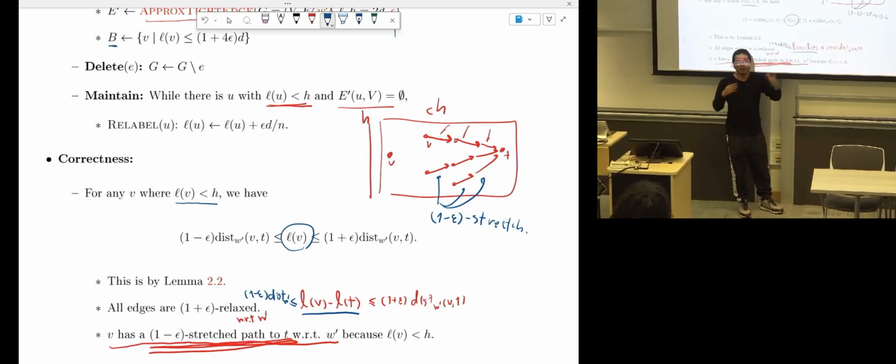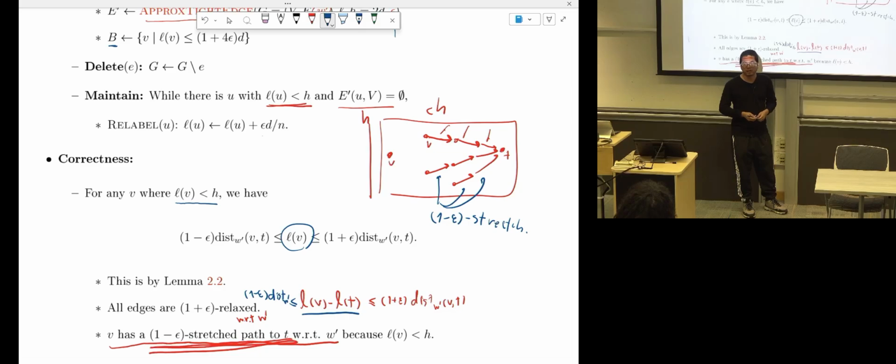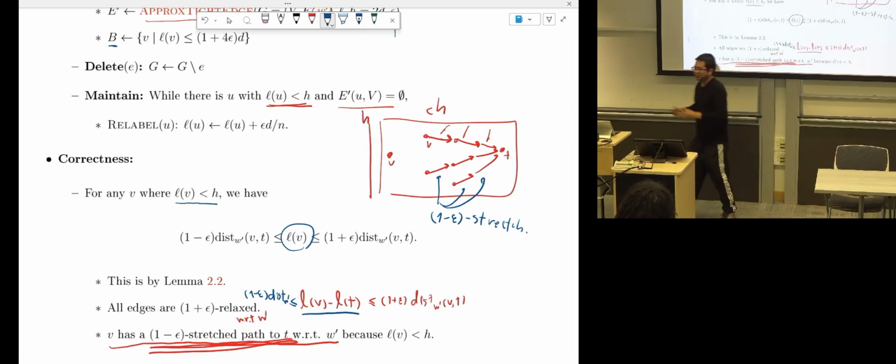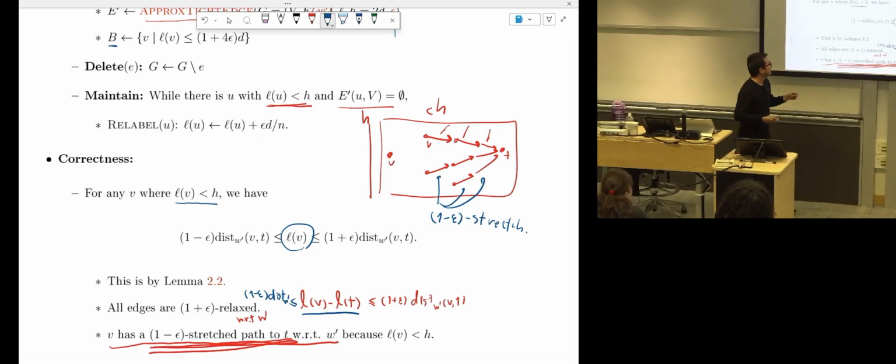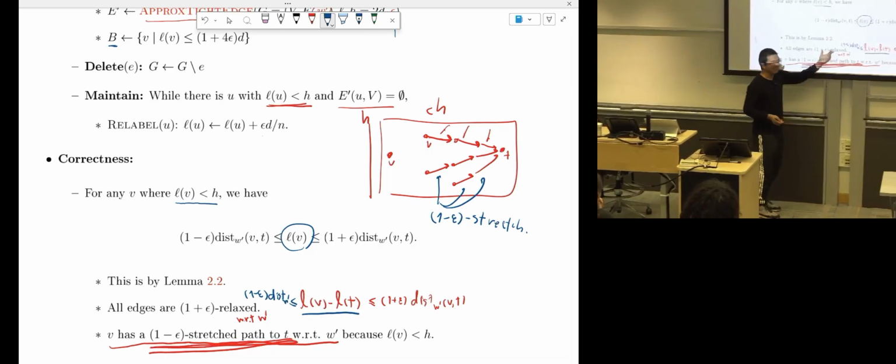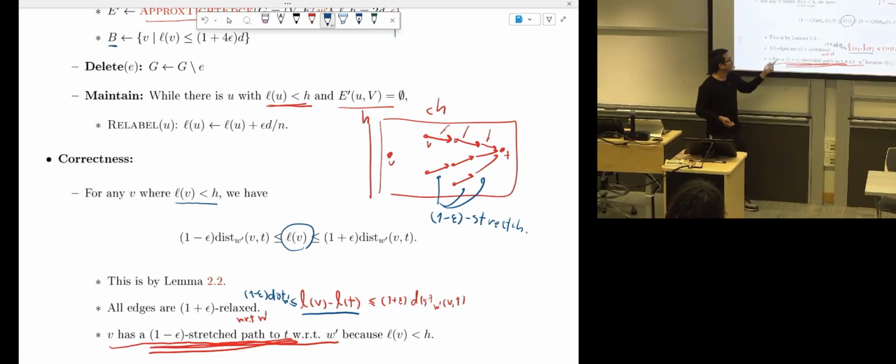Now it's approximately the distance with respect to W prime, because all edges are relaxed, and the ones whose level is not maximum have an almost stretched path.